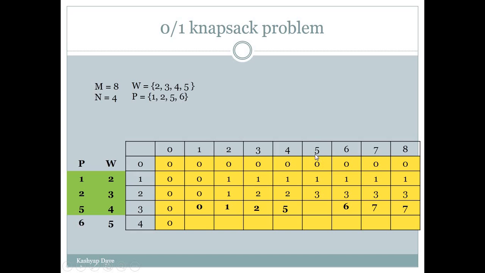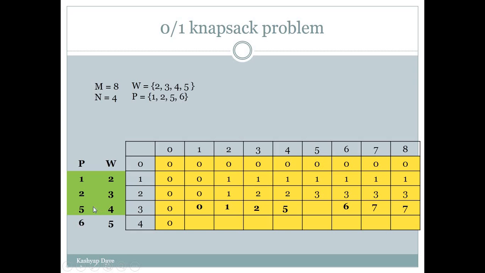Now let's do calculation with 5 weight. So for the 5 weight, if we include 2 plus 3, it will be in the limit of 5, so its profit will be 1 plus 2, 3. And again if we include 4 only, that is in limit of 5, so 4 is less than 5, so we can include 4.